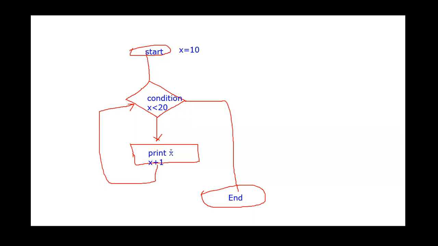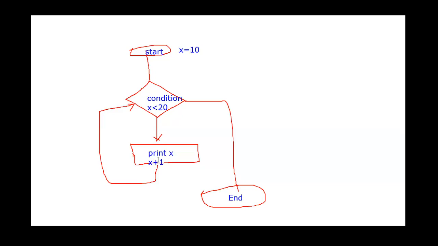Then it will go to this code block, and it will print the value of x. The value of x is 10 now. After printing the 10, it will increase the value of x by 1. So now the value becomes 11.